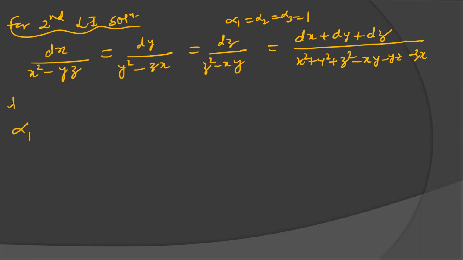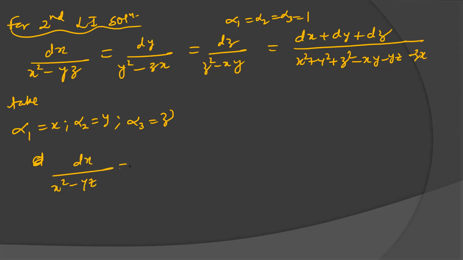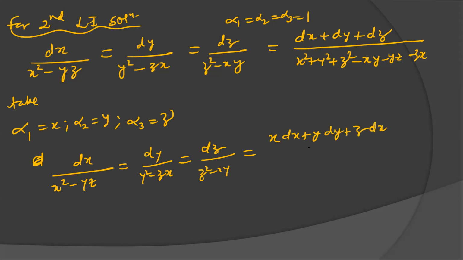Now take alpha 1 as x, alpha 2 as y, and alpha 3 as z. I have already told you, this is a practice method. So this expression dx over x square minus yz equal to dy over y square minus zx, and dz over z square minus xy is going to be x dx plus y dy plus z dz equal to x cube plus y cube plus z cube minus 3xyz.